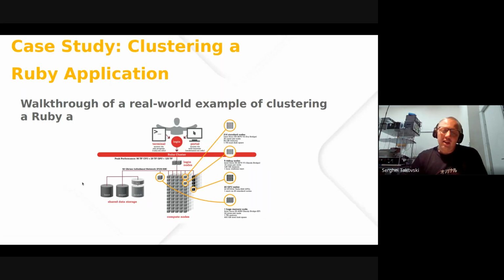So I have some interesting experience with clustering. It's a real-world cluster at Phoenix University in the USA, based on Ruby. And this cluster works with specific science reports.